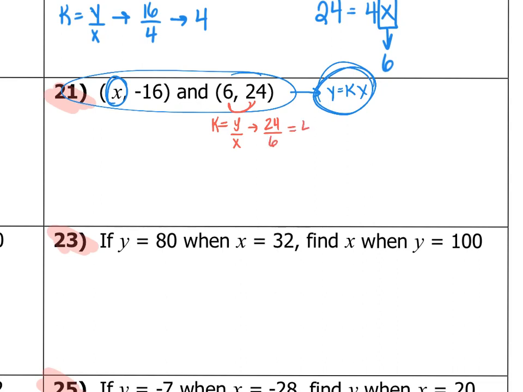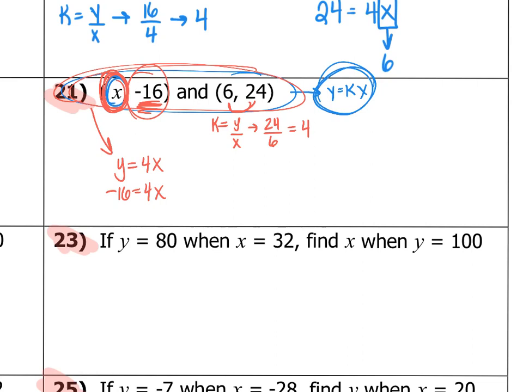So k has got to be 4 again. That means the direct variation equation here, since k is 4, has got to be y equals 4x. And I'm looking for this missing x when y is -16. So what is x when y is -16? X has got to be divided by 4, divided by 4, -4.